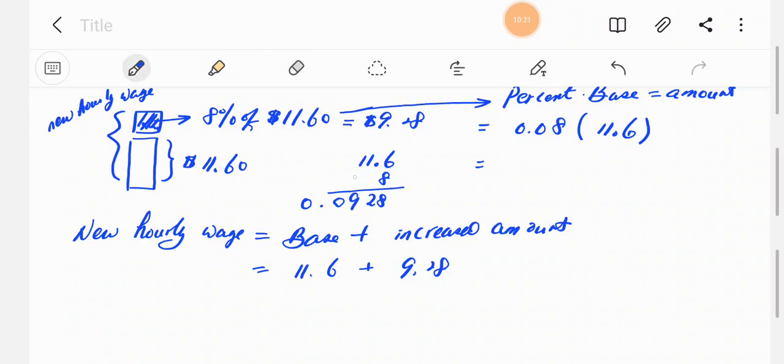So 8% is 0.08, right? 0.08. Sorry for the mistake. 8% is 0.08. So we have 3 decimal places. So the result will be 0.928. Right? 0.928. All right, so this is 0.928.